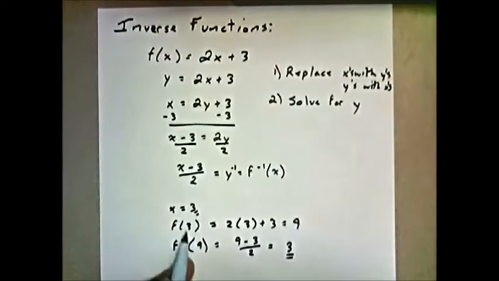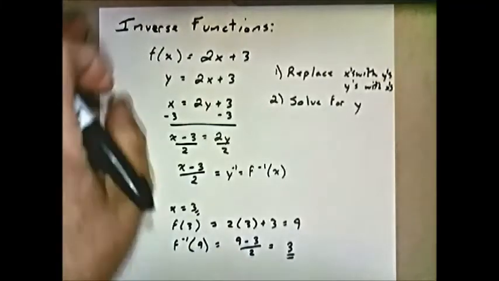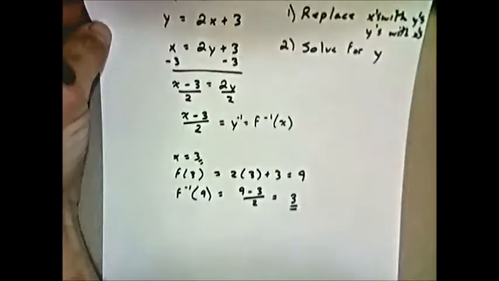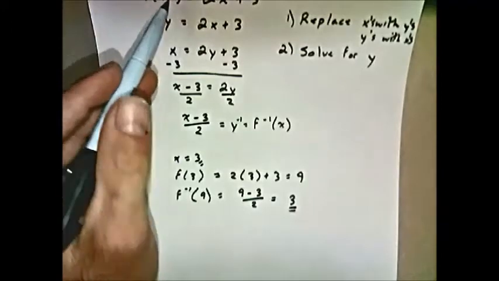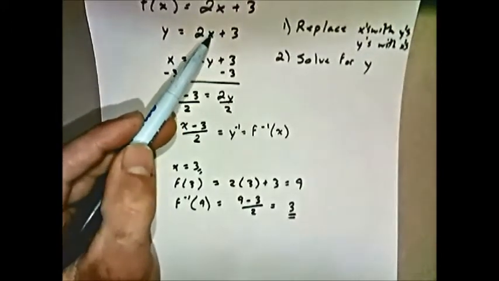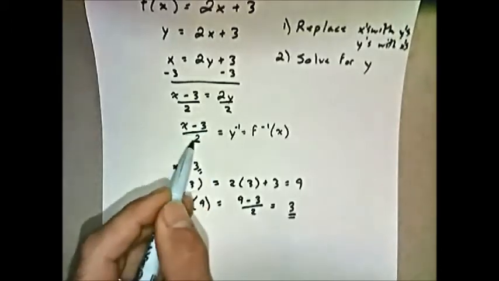If you think about your f and f inverse in this process, we're really looking at a composite function. Say we had our f of x function as 2x plus 3, and our g of x function was x minus 3 over 2. Let's look at those two functions in that form.